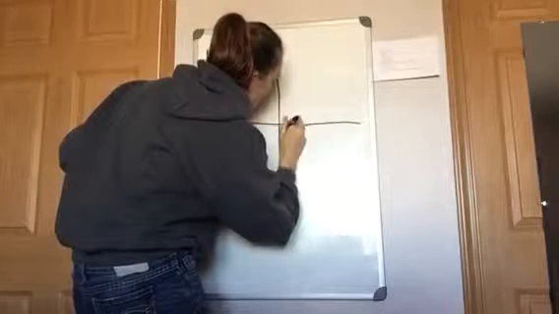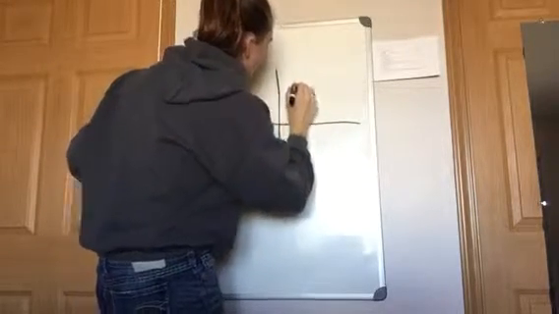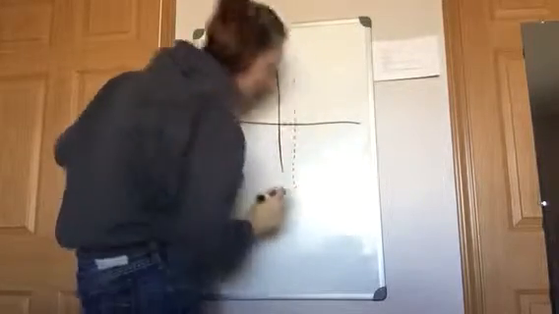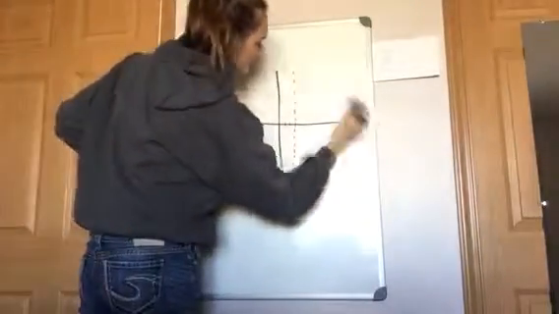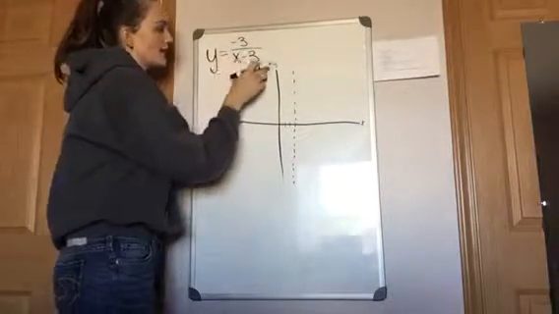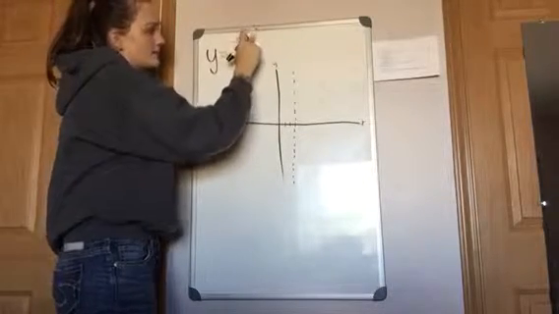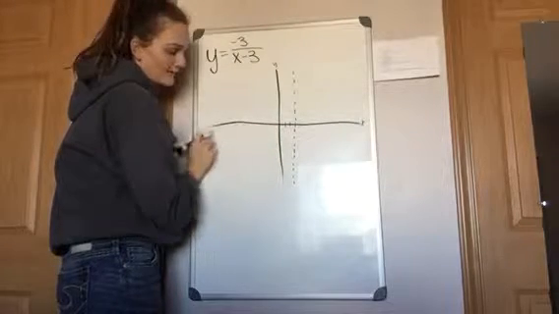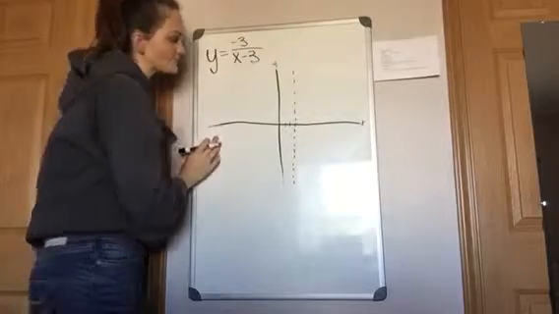So at x equals 3, we're going to put our vertical asymptote, because x cannot equal 3. And with this function, we know that y cannot equal 0, because this is -3. So we know that our horizontal asymptote is at y equals 0.